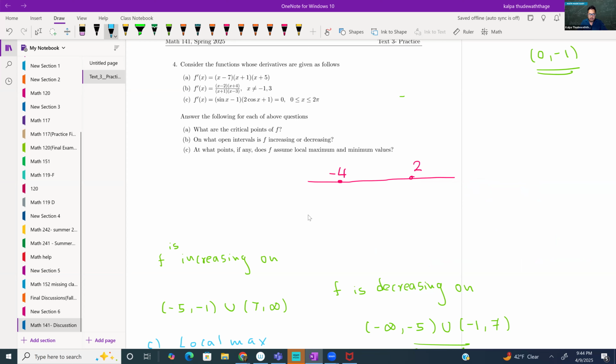I can plug in values like -5, less than that, maybe 0, and here I can plug in 3. One more thing: I have to include the situation where -1 and 3 appear.